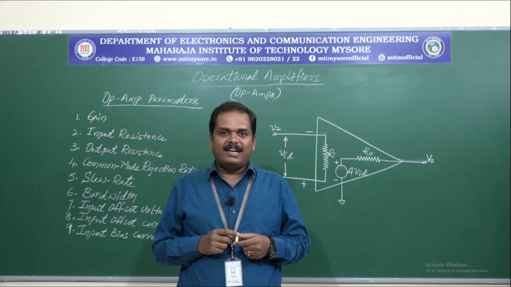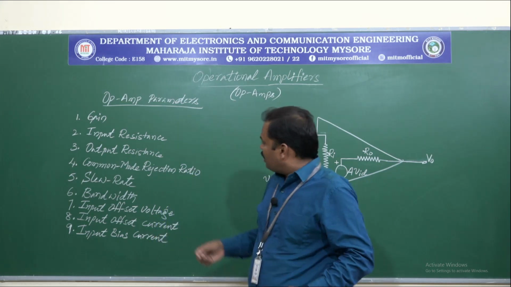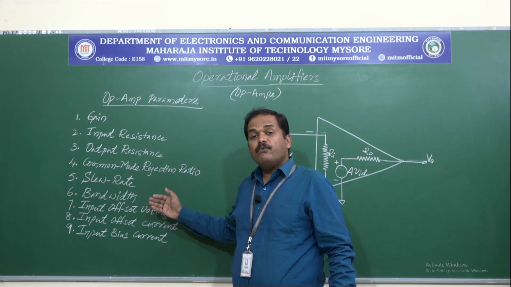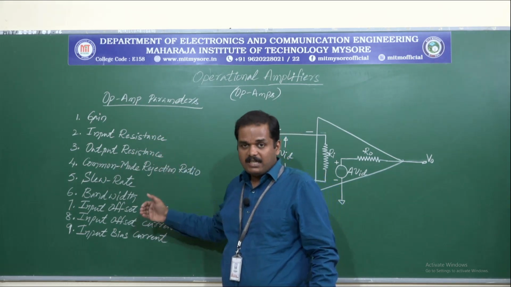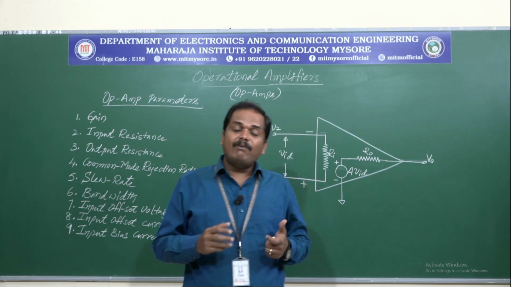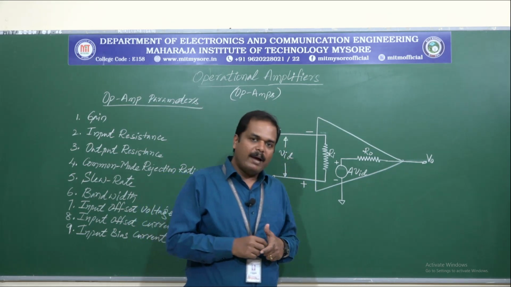Now let us understand the op-amp parameters. Here is the list of various op-amp parameters. Before getting into each of these, let us understand the equivalent diagram of an op-amp.